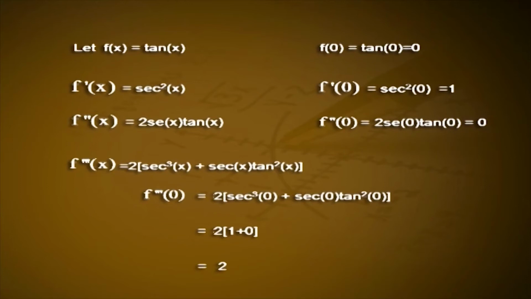f triple dash of x is equal to twice sec cube x plus sec x tan square x. Therefore, f triple dash of 0 is equal to twice sec cube of 0 plus sec of 0 into tan square 0 is equal to twice 1 plus 0 is equal to 2. Therefore, f of x is equal to f of 0 plus f dash of 0 into (x minus 0) by 1 factorial plus f double dash of 0 into (x minus 0) whole square by 2 factorial plus f triple dash of 0 into (x minus 0) whole cube by 3 factorial plus and so on.